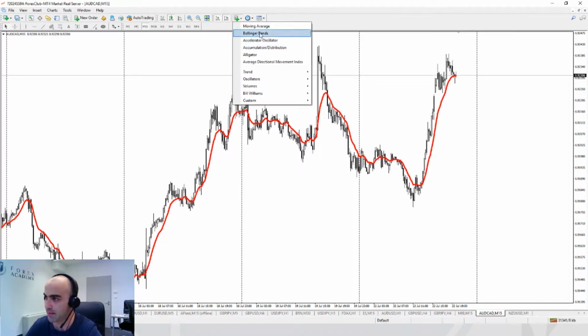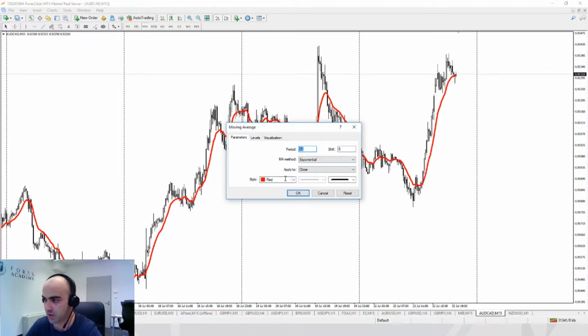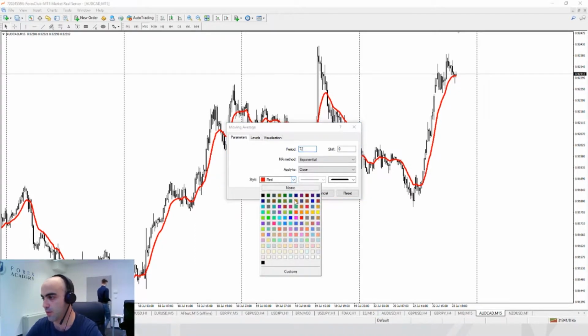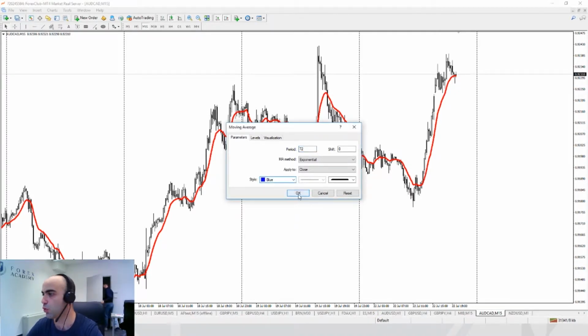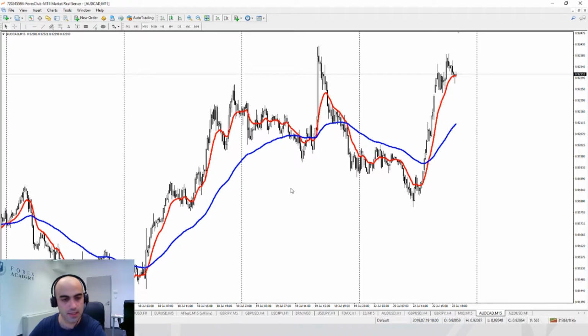However, we might need another exponential moving average, which is going to be a much higher period, possibly 72. And this is going to follow, of course, a little the chart that we are looking closer to.